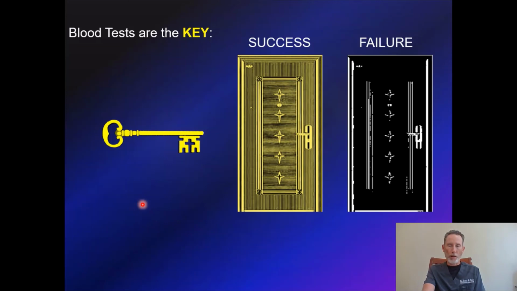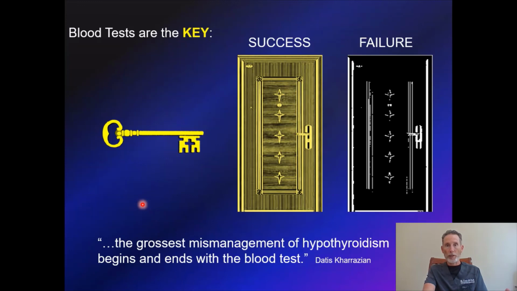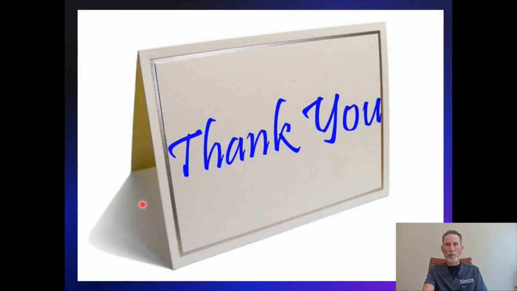So doing the proper test, looking at the right numbers, is the difference between success and failure when it comes to optimal thyroid function. So I agree with Dr. Karazian and his quote here that the most mismanaged part of hypothyroid is the management of the blood test, or the lack of proper testing and the lack of looking at the right numbers.